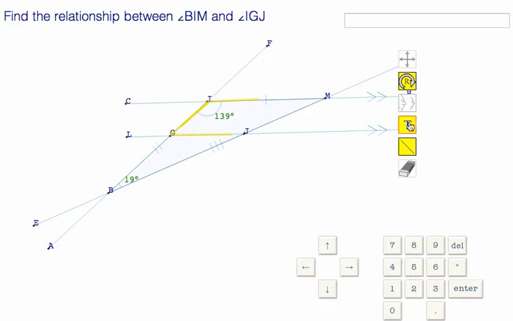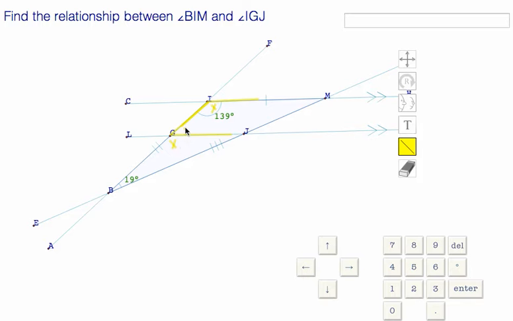All right, and the reason why that is true is if we're looking at this angle, and we know that it's supplementary to this angle, right? These two angles are supplementary. And we know that this angle right here is 139 degrees because it's corresponding to this 139, right?